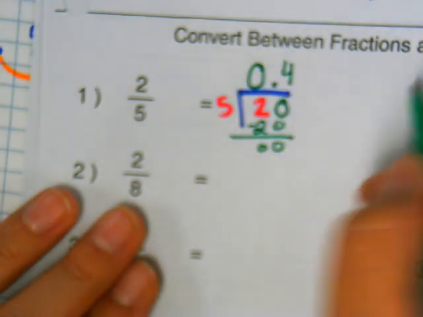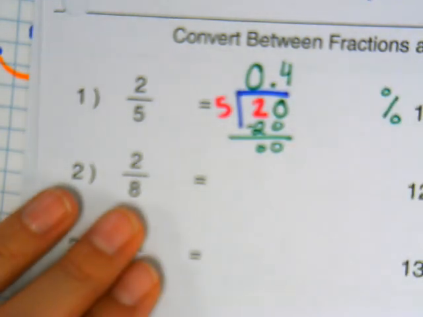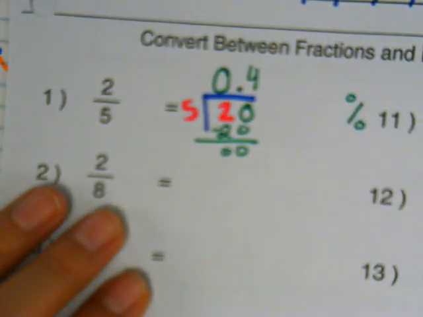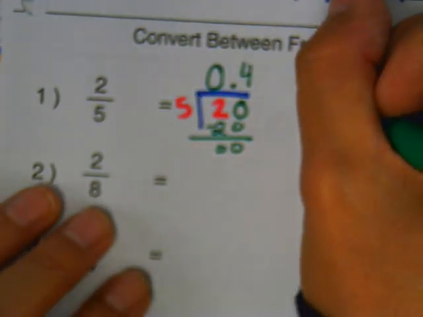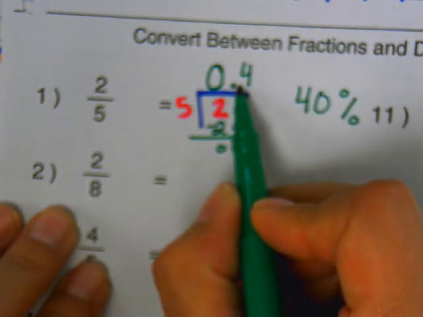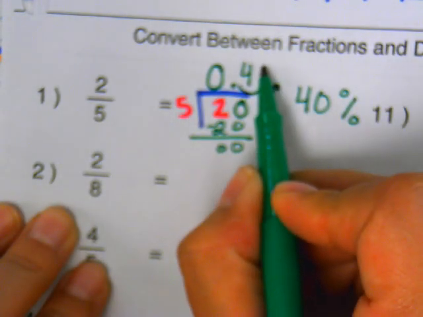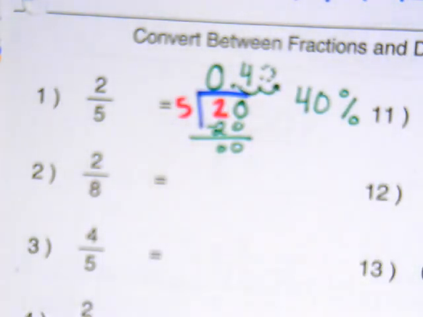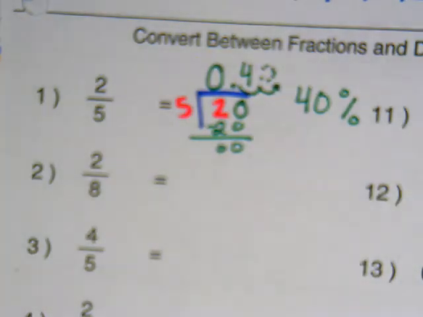Now I want it as a percent. So Jaden is correct. It would be 40%. Because how many times do I move it? Twice. What do I add here? A 0.